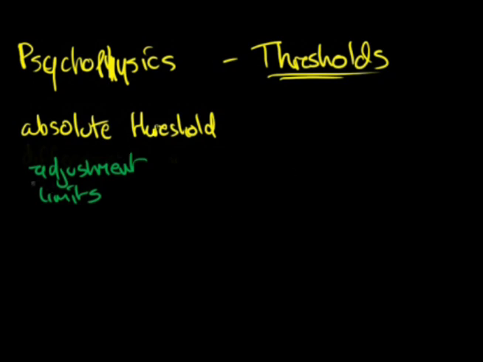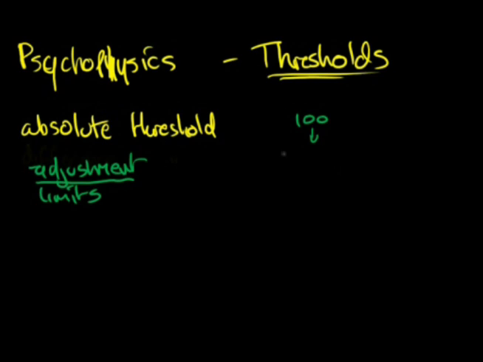In the method of adjustment, let's say we're using the sound volume example. Let's say we start with some sound at intensity 100. This is a random number. The subject or the experimenter would just turn a dial so that the sound volume decreased, and they would turn it until they could no longer hear it.